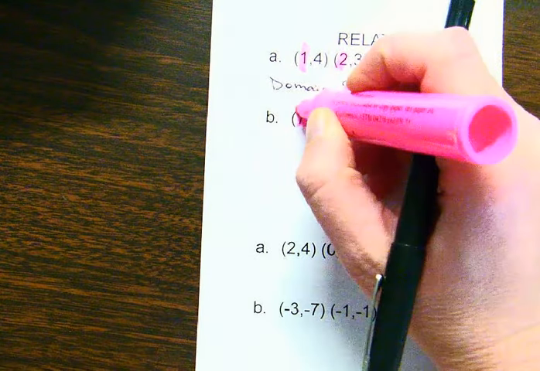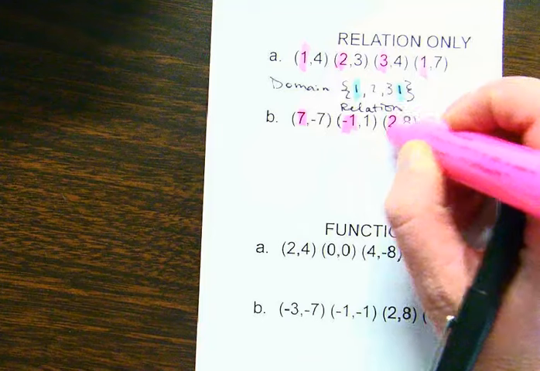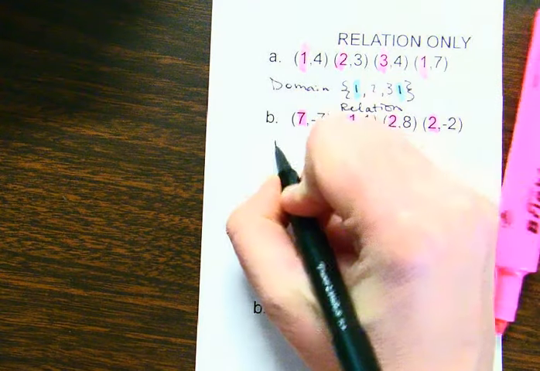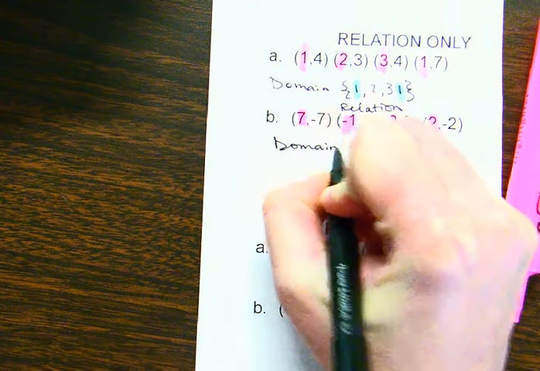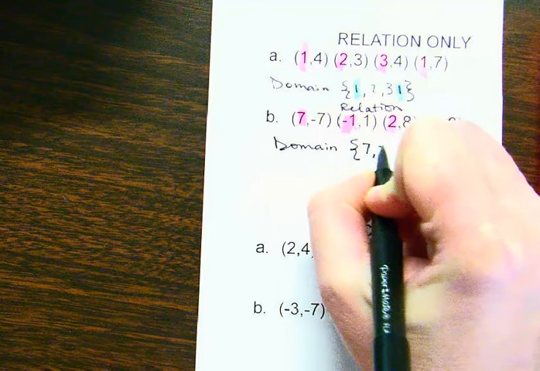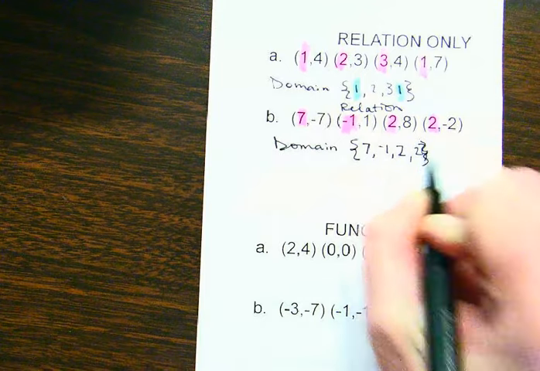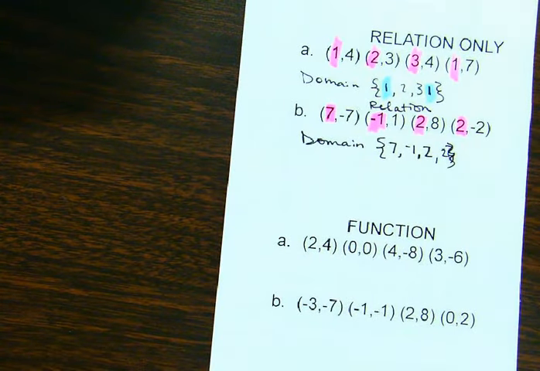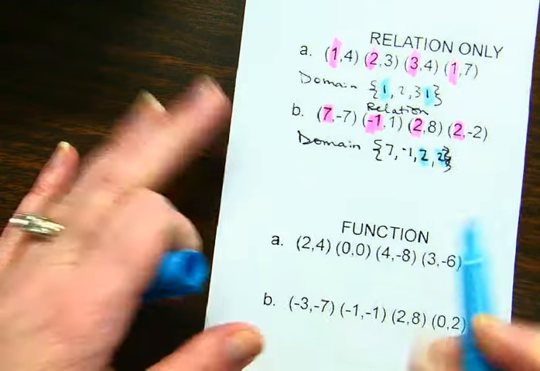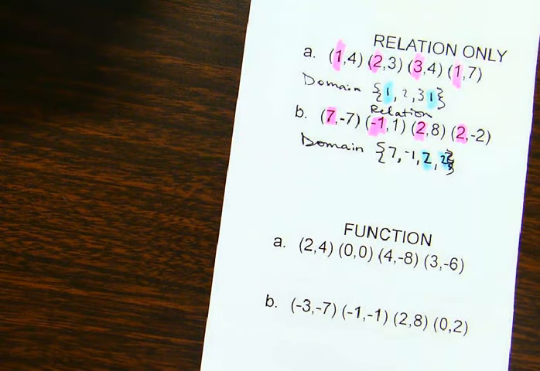For B, my domain is 7, negative 1, 2, and 2. And because my domain element 2 repeats, this is a relation only.